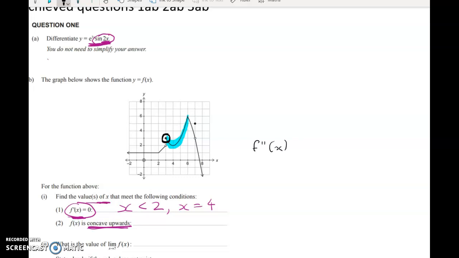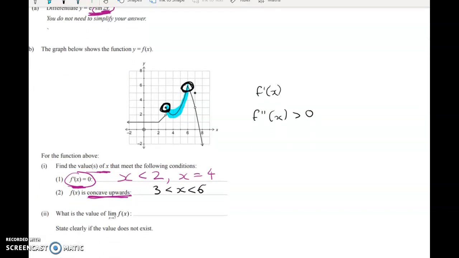Right, so we're saying, where is the second derivative positive? But the second derivative is only going to be defined where there's a first derivative, and at both this endpoint and this one, there's no gradient. So we have to again watch out for the inequality signs, and the answer here will be that x has to be between 3 and 6.